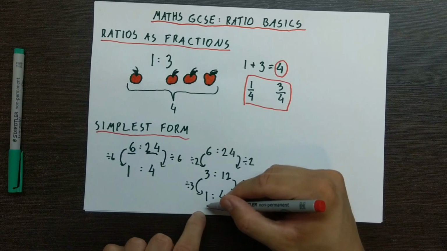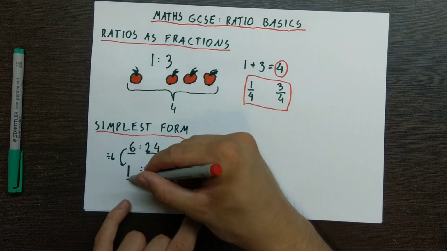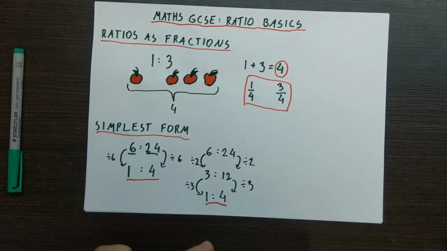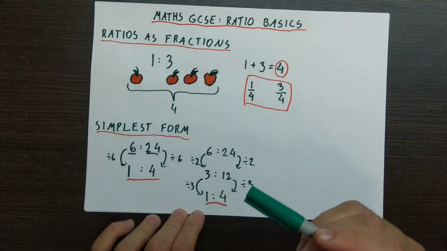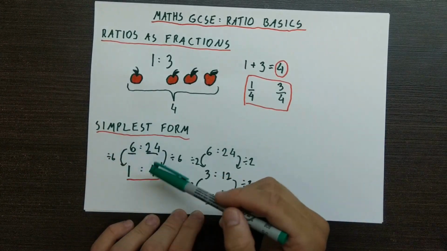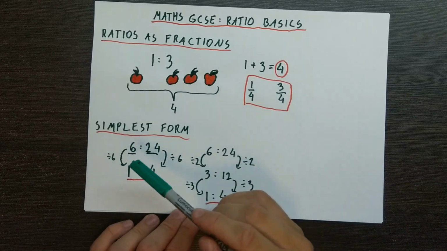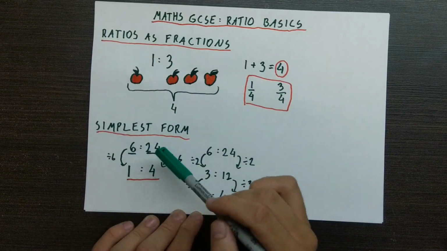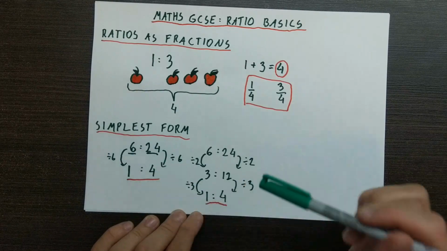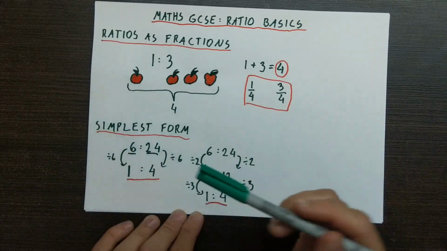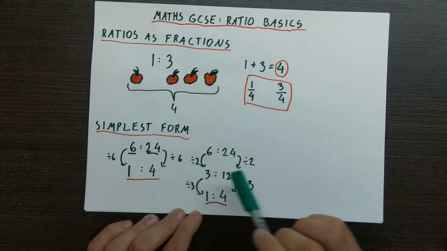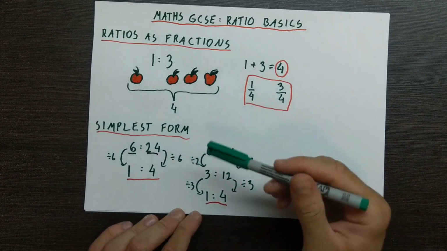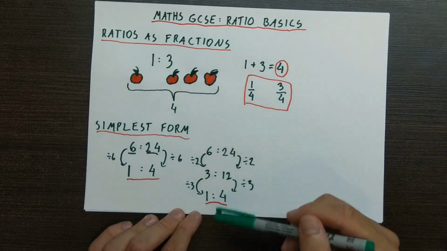So we arrived at the same answer. We used two different methods to give us the same answer. And both those methods gave us the simplest form. Obviously, this is the fastest way. So if you can see what numbers you should be dividing by, go straight here. Don't mess around with this. Go straight to that method. But if you have some really large or awkward numbers that it is not really obvious what you should be dividing by, then you can take baby steps.